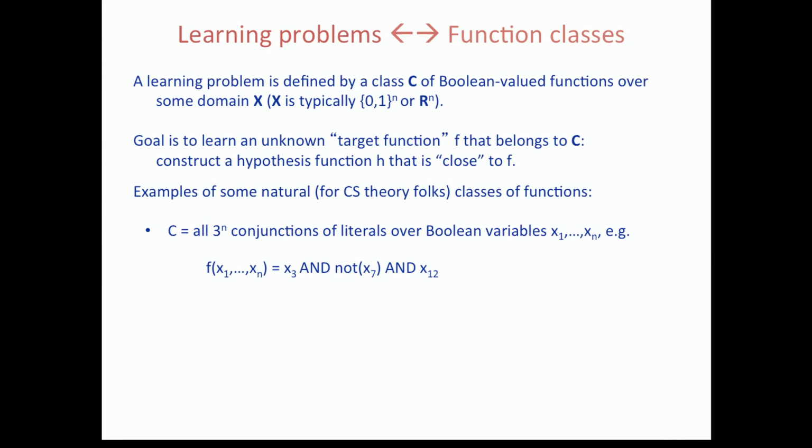Here's an example of a conjunction, and this class of all conjunctions over n variables has 3^n elements, because for each of the n variables, it might be absent from the conjunction, present unnegated, or present in a negated form. So three possibilities for each of the n variables. The first thing to notice is that even for the simplest learning problems we might think about, there are exponentially many possible functions in the class. So we have a non-trivial problem to try to do learning here.